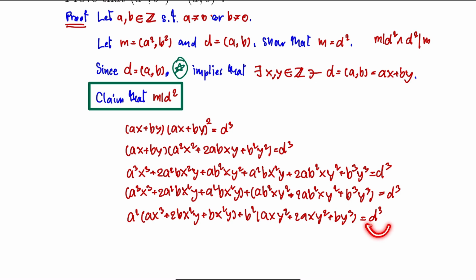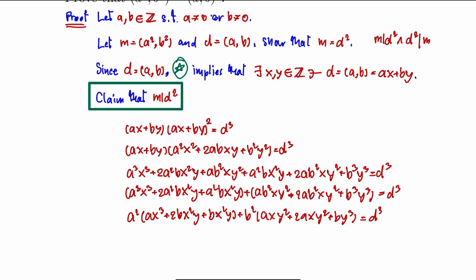But on the right side we have d cubed, and we want to have d square, right? So you might want to divide it by d square, but we have to make sure that d divides the left hand side.